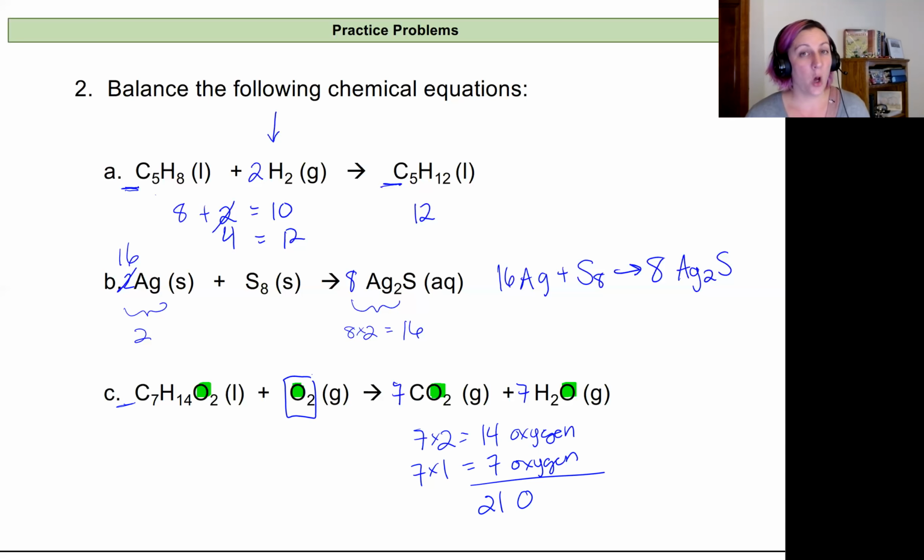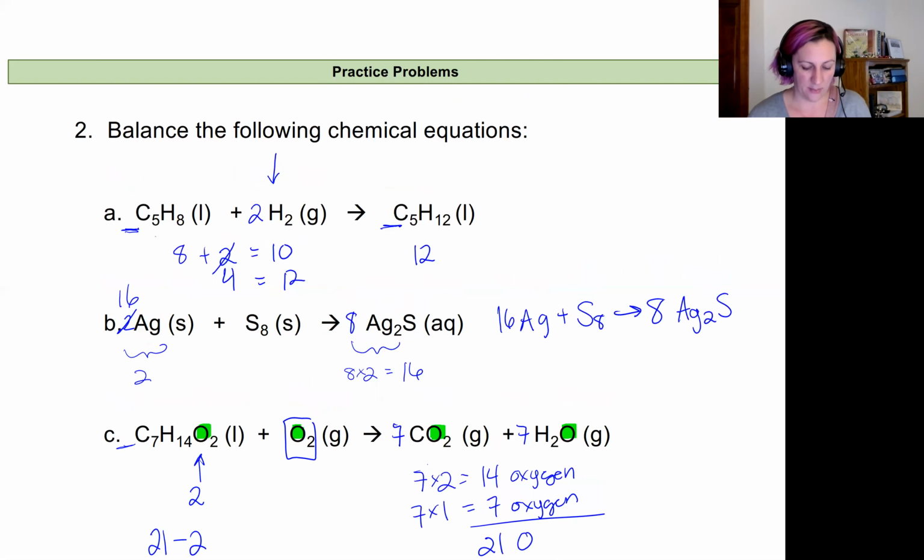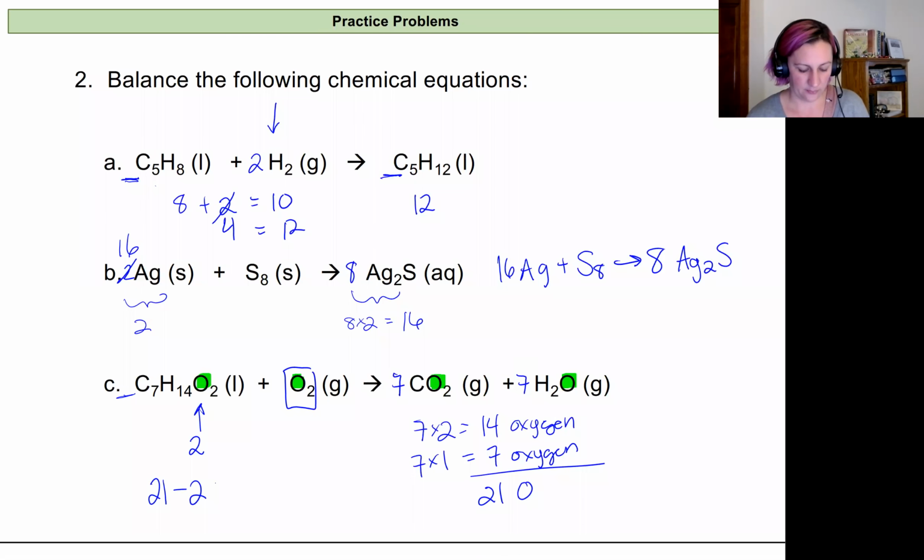Now, I need a total of 21 oxygen on my reactant side, but I already have 2 in one of my molecules. So I'm going to take that 21 minus the 2 that is part of C7H14O2, and that's going to give me 19 that remain. And so I need 19 oxygen atoms from my molecular oxygen, O2.